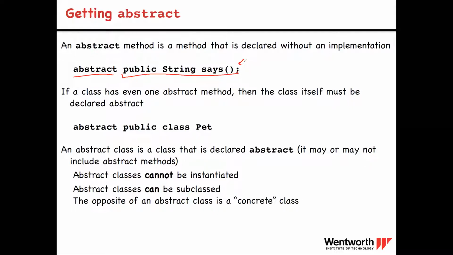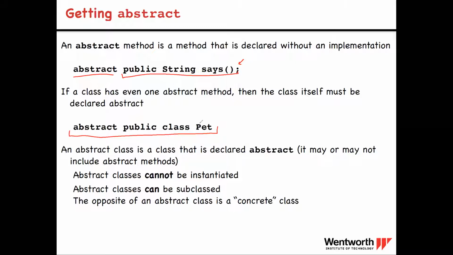Now, if a class has even one abstract method, then the class itself must also be declared abstract. You just throw abstract in front of your public class and the name of the class.